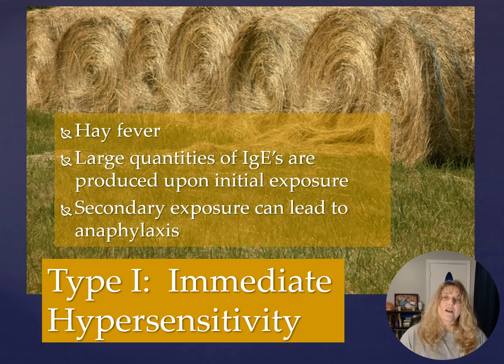When we talk about type 1, an immediate hypersensitivity, we're talking about things like hay fever. Large quantities of those immunoglobulins, remember the IgEs, are produced upon that initial exposure, so secondary exposures can put you into anaphylaxis if you're not careful.